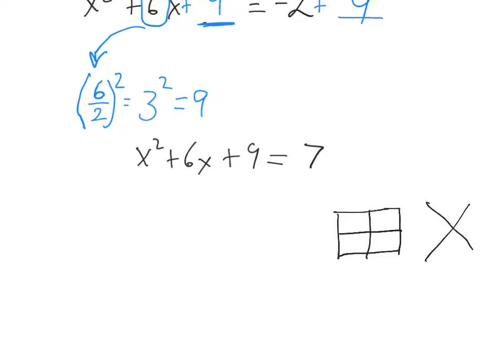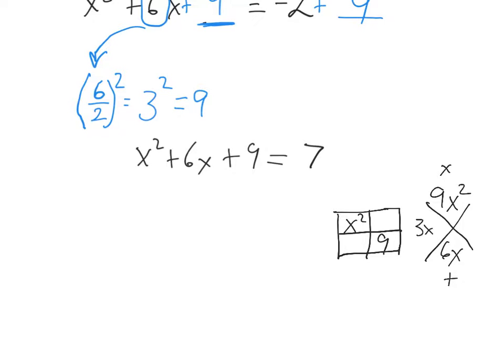Remember, my first term goes up in the top here, 9 goes in the bottom. 9 times x squared is 9x squared. I put that up there, and then I put this here. Now I need to find what adds to 6x and what multiplies up here. I know 3 plus 3 is 6, and 3 times 3 is 9.